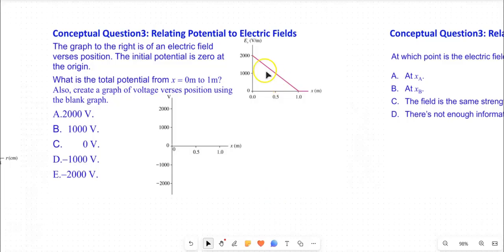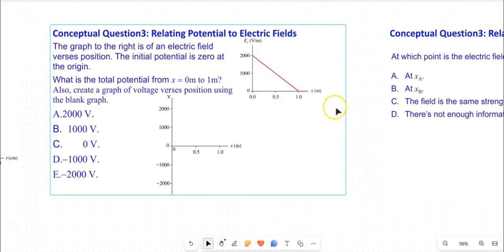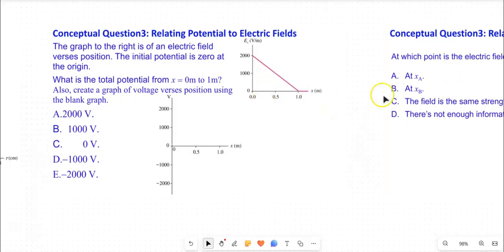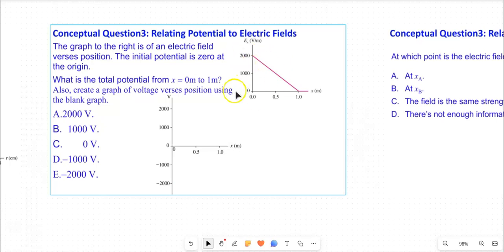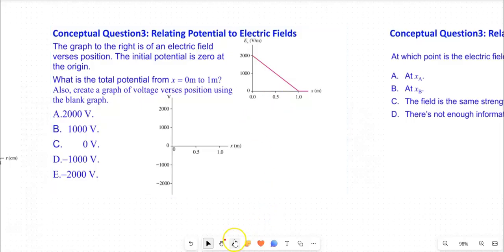Now, you have an electric field here that is a changing electric field. So this couldn't be caused by a capacitor. This has got to be caused by some kind of weird point charge or something, because the electric field is dropping off to 0 across 1 meter. The question is what is the total change in voltage if the initial potential is 0?